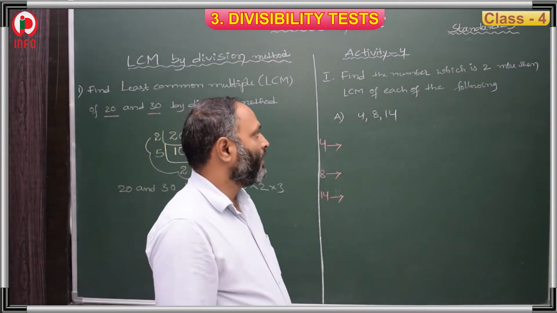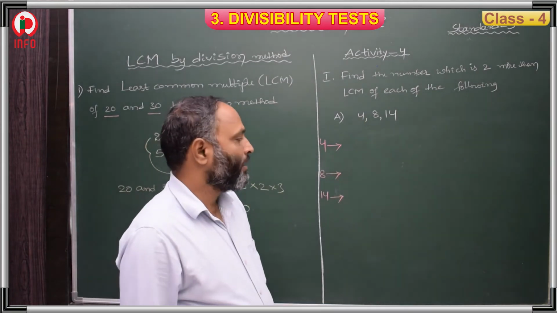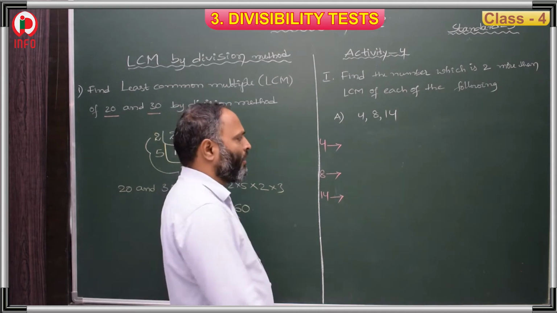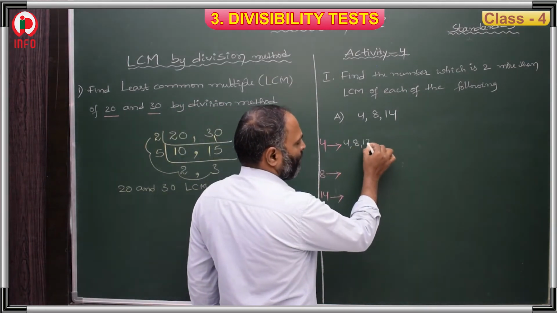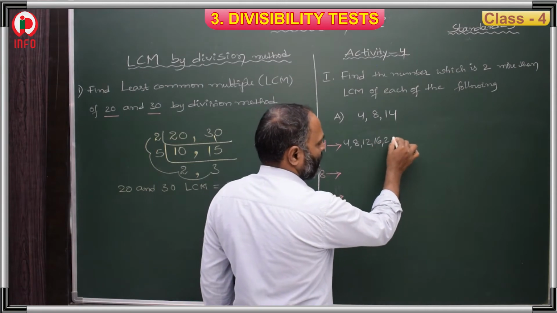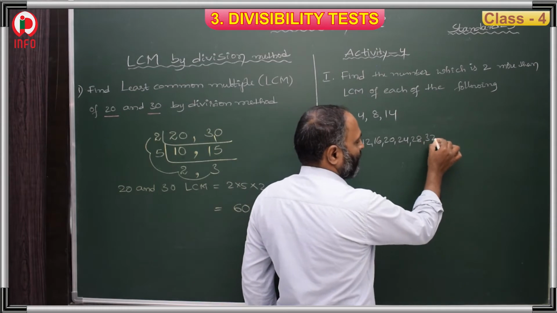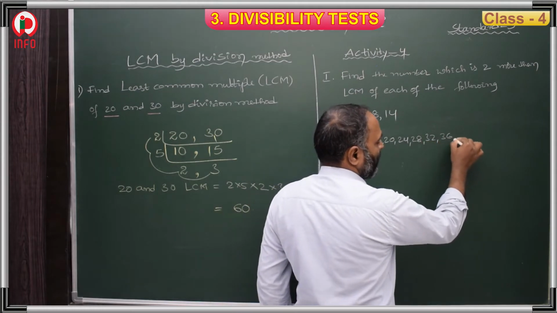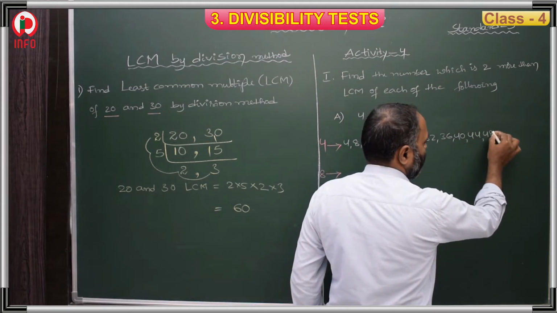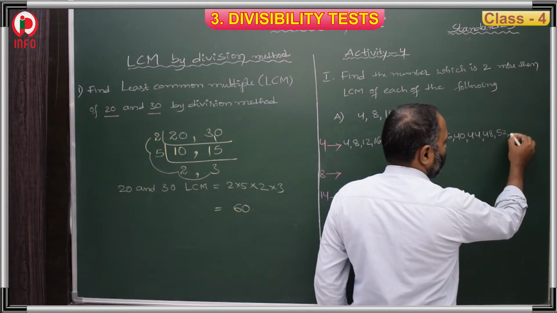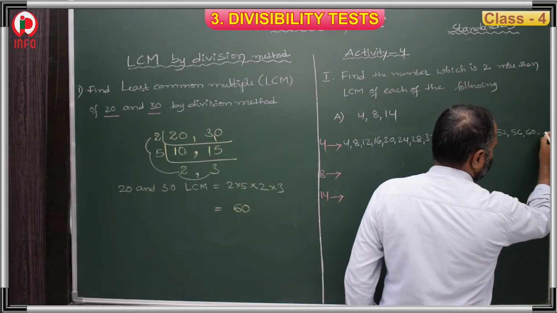Now we find the LCM of these numbers by using multiples of 4, 8 and 14. Multiples of 4: 4, 8, 12, 16, 20, 24, 28, 32, 36, 40, 44, 48, 52, 56, 60, and so on.